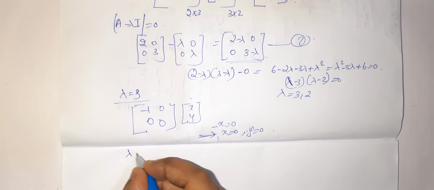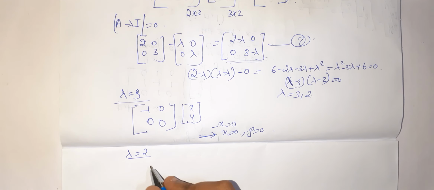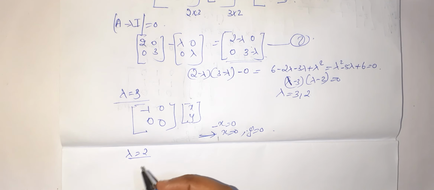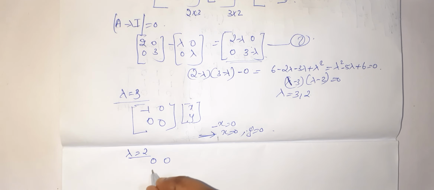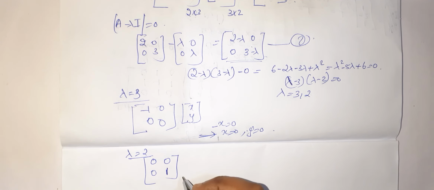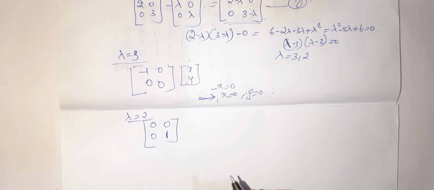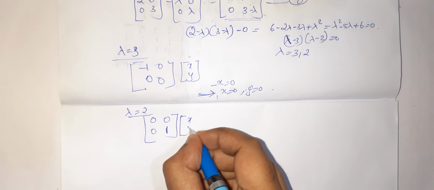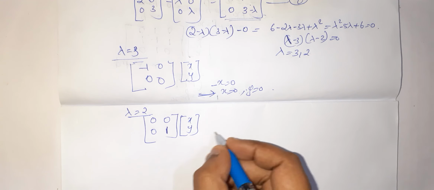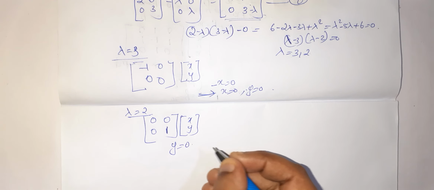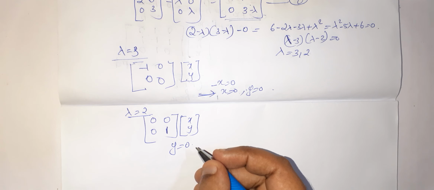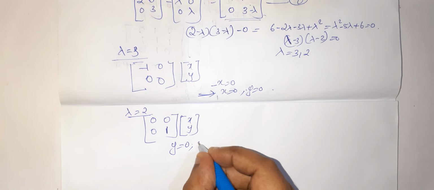Next, for lambda equal to 2, substitute it in the characteristic equation. The resultant matrix will be 0, 0, 0, 1. Find the equation, which results in y equal to 0, x equal to 0.